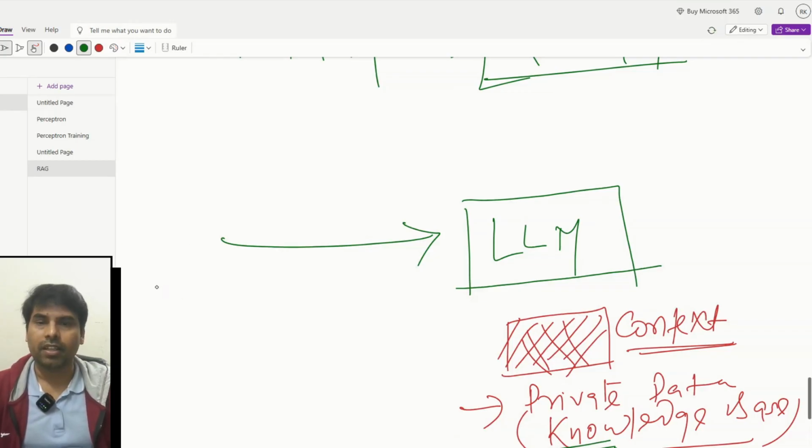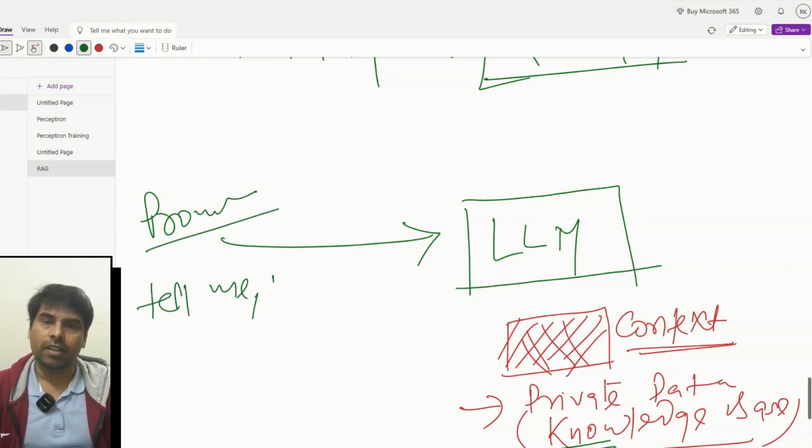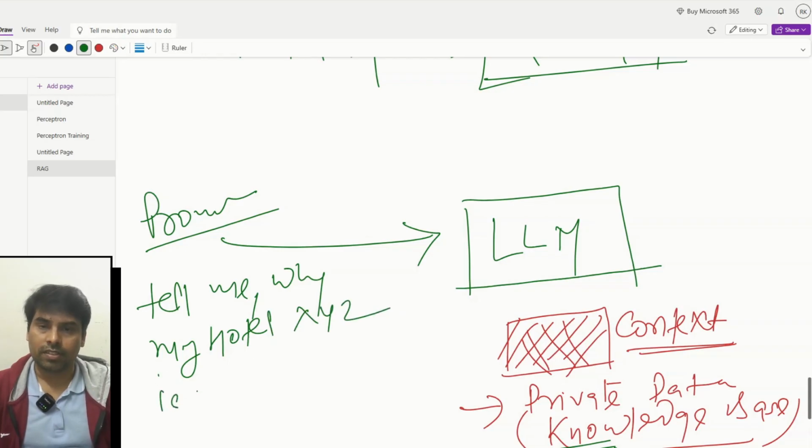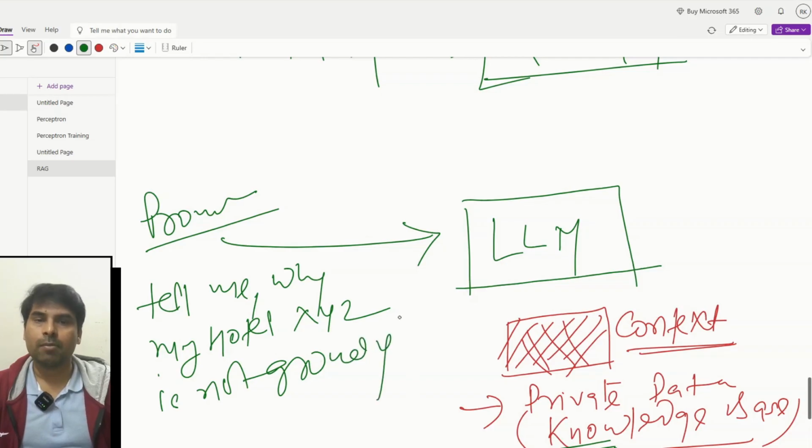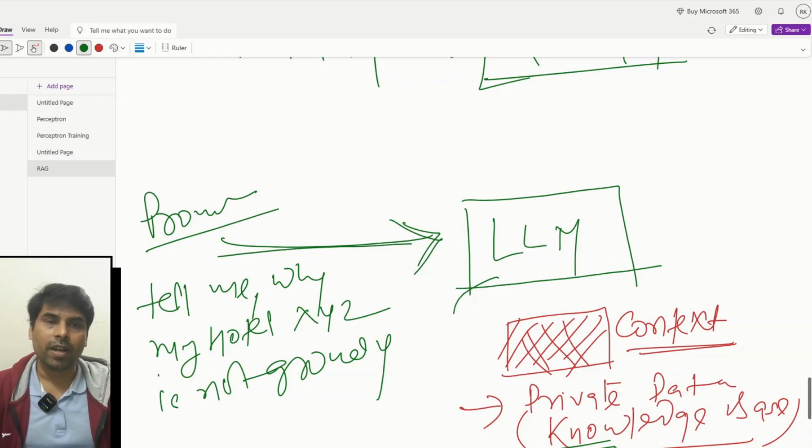I'm writing a prompt here now: tell me why my hotel XYZ is not growing. So I'm asking the same question, but the only difference is that now when I send this prompt, the LLM has access to my context. It has the right context.